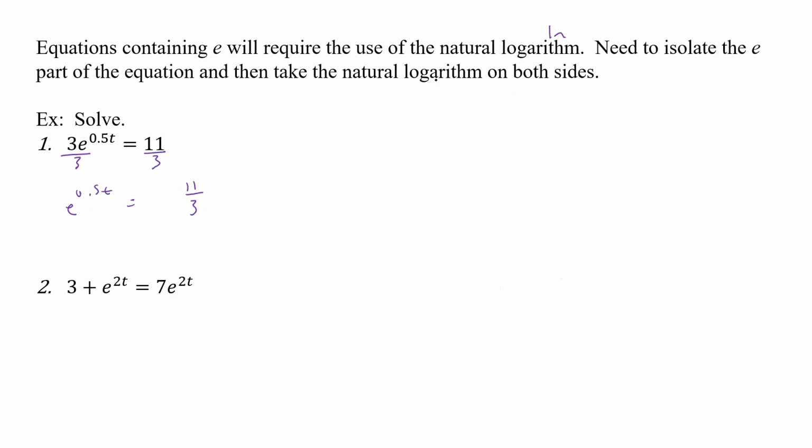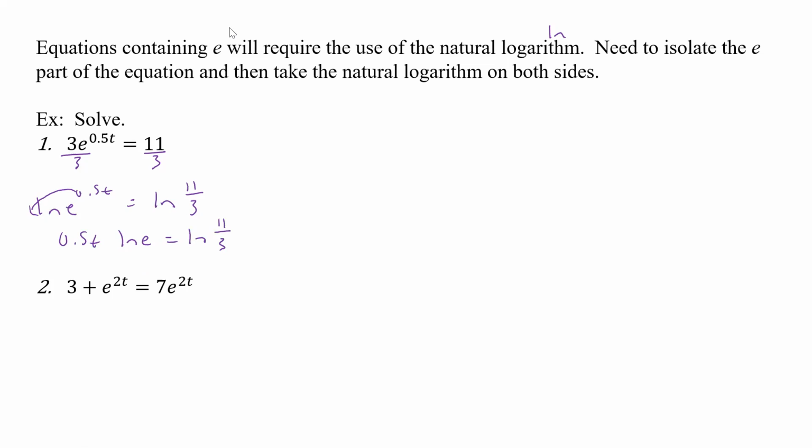Okay. Now at this point, we can do what it says here. Take the ln of both sides. Well, what do we know about power rules? Well, we can bring that down front. We get 0.5t ln of e equals ln of 11 over 3. What do I know about the ln of e?